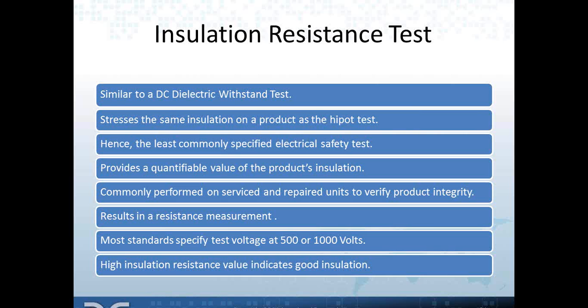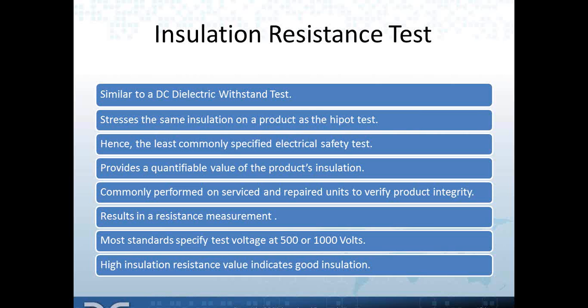It stresses the same insulation on a product as the hi-pot test. Hence, this test is the least commonly specified electrical safety test. The insulation resistance test applies a DC voltage across the insulation of a product and measures the corresponding leakage current, which is used to calculate the resistance of the insulation.